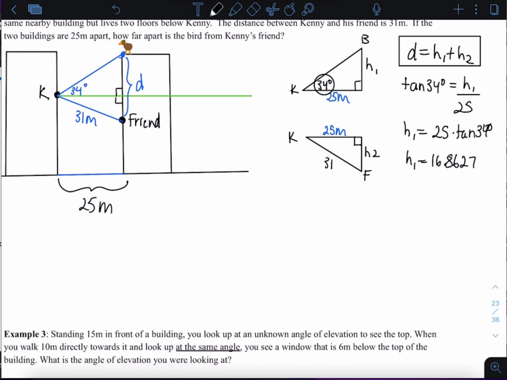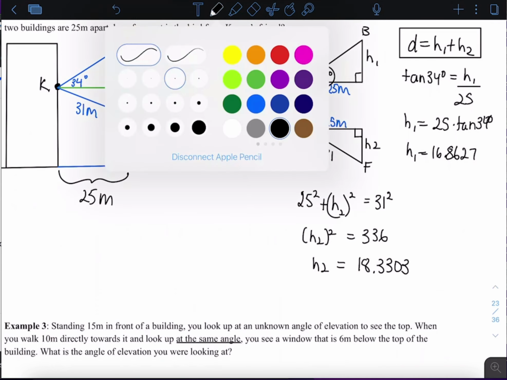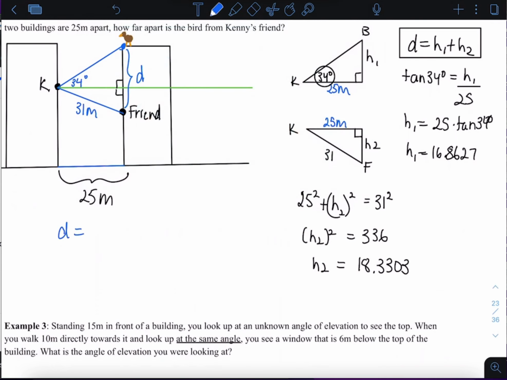Can I do the same thing with the second one? Actually, the second one's easier because I can use Pythagorean theorem. 25 squared plus H2 squared equals 31 squared. I get H2 squared equals 336, and H2, if I square root both sides, is 18.3303. If you don't trust me, you can stop this and use your calculator to figure those numbers out.